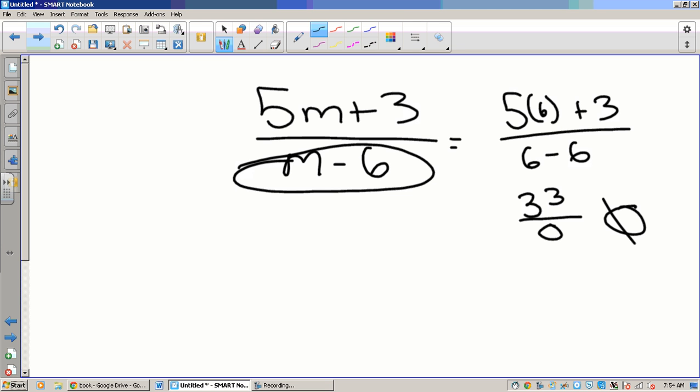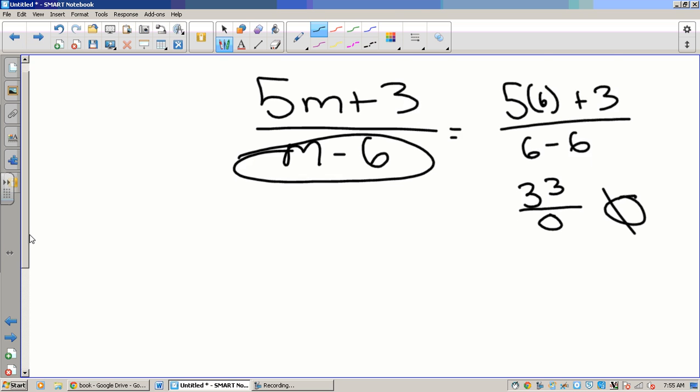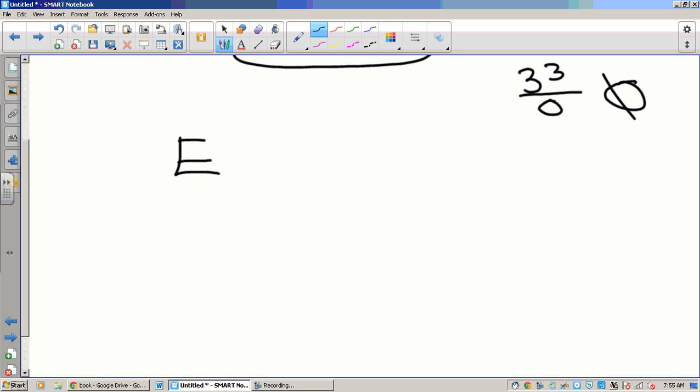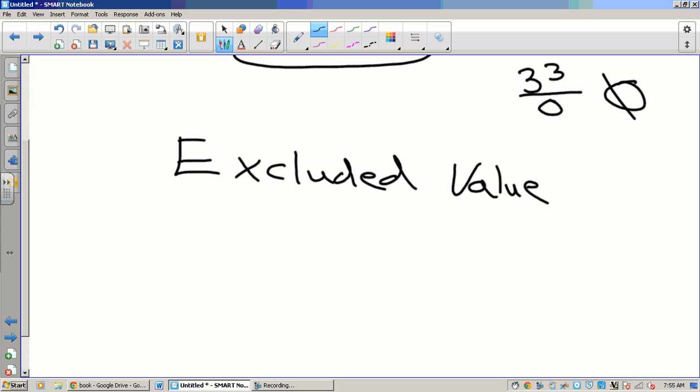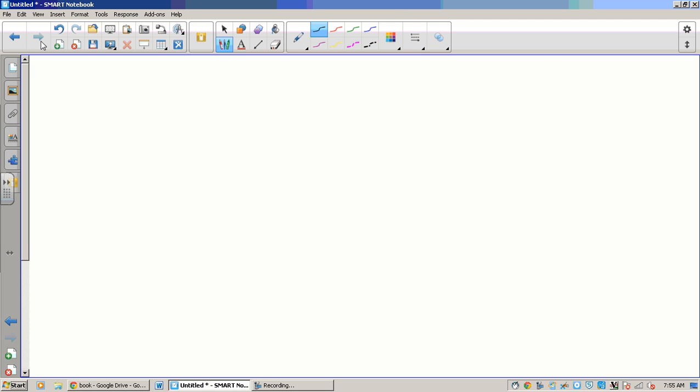What's kind of weird about this is that we're actually looking for the answer that makes it not true. So our answer to the problem is the excluded value is 6 in this case. So we're looking for the thing that will make it so it's not true. Boom.